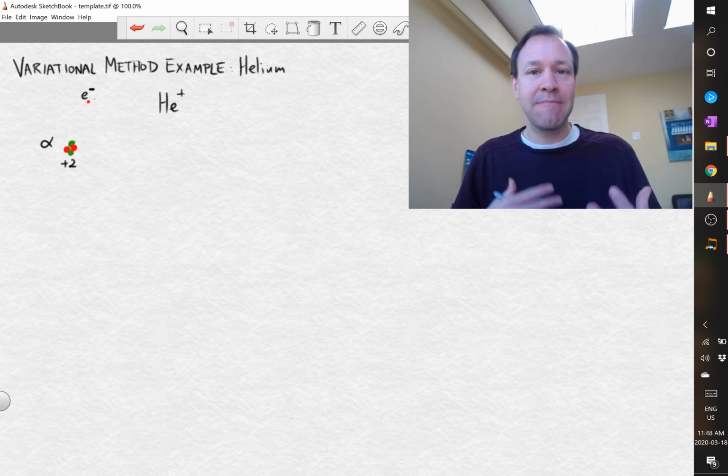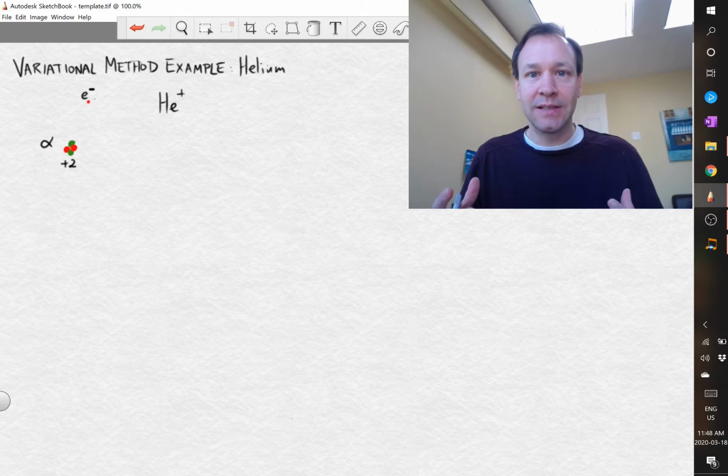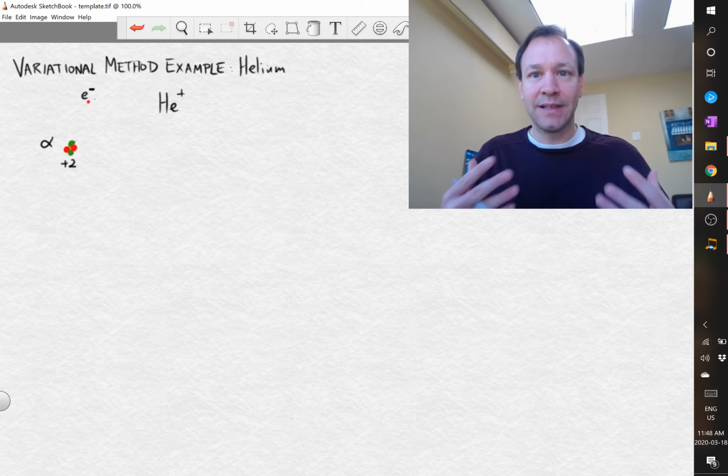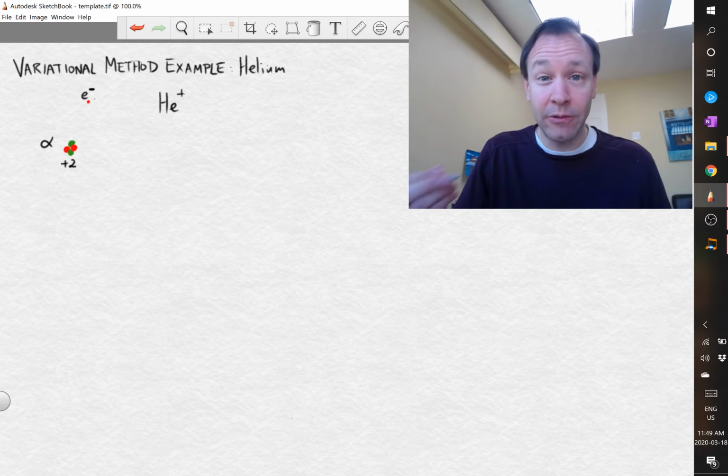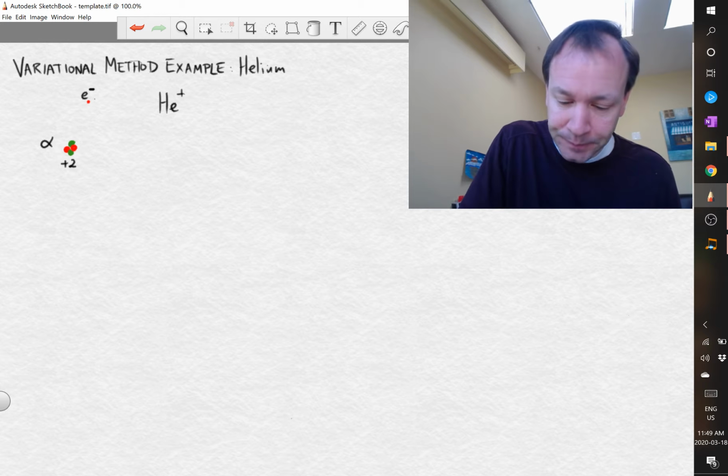So the same methods can be used to solve the differential equations that you get when you're writing down the time-independent Schrodinger equation. And we can write down the wave function for the ground state, and it looks very, very similar to the wave function for the hydrogen ground state.